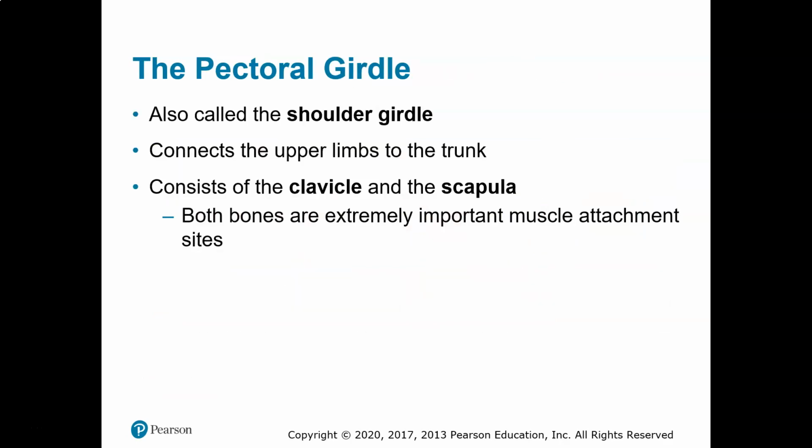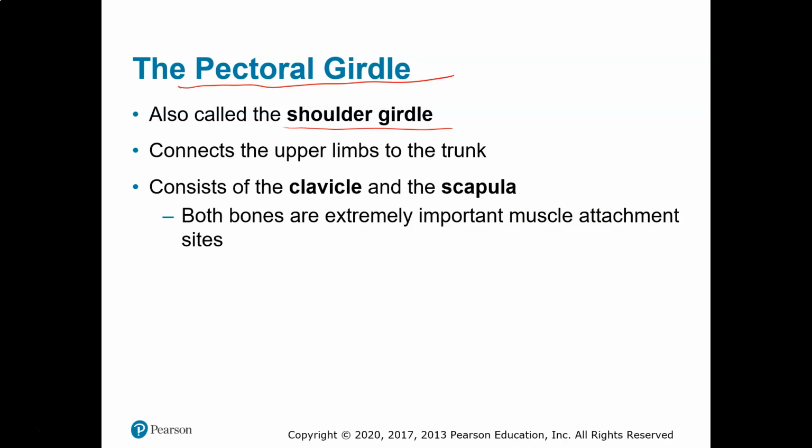So now we are going to talk about the bones of the appendicular skeleton. So if you remember, that's going to be the pectoral girdle, the pelvic girdle, the upper limb bones and the lower limb bones. So the pectoral girdle first, it's also called the shoulder girdle, connects the upper limbs to the trunk.